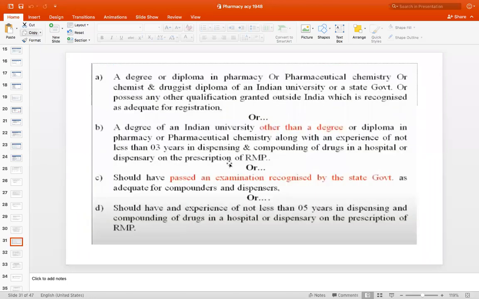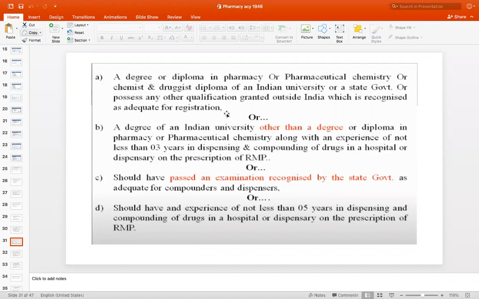Now, here in detail, I will tell you the qualification or education regulation for the pharmacist who wants to register. A degree or diploma in pharmacy or pharmaceutical chemistry, or chemist and druggist diploma, in an Indian university or a state government, or possess any other qualification granted outside India which is recognized as adequate for registration.